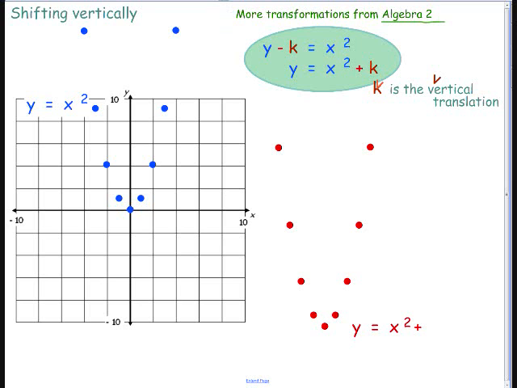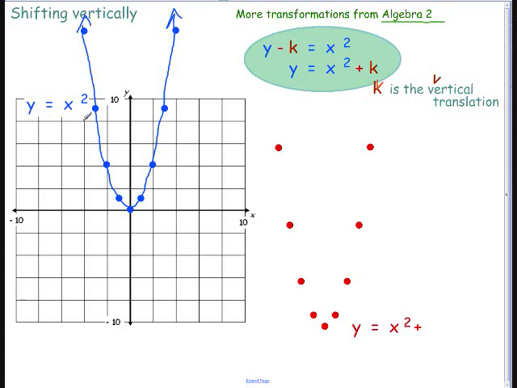We have in front of us here the parent graph of, let's see if I can draw a parabola. Okay, it's sort of not that great, is it? But anyway, a parabola.